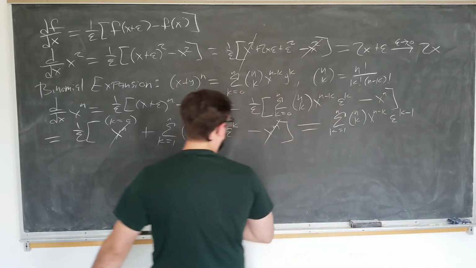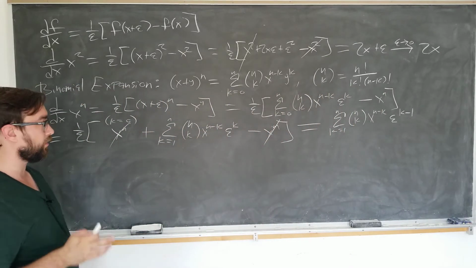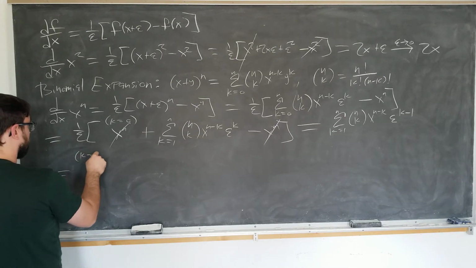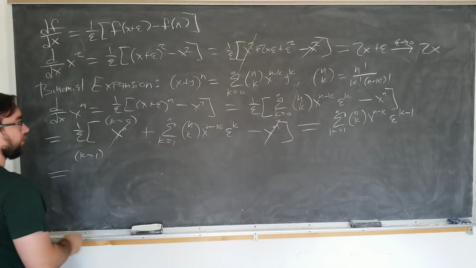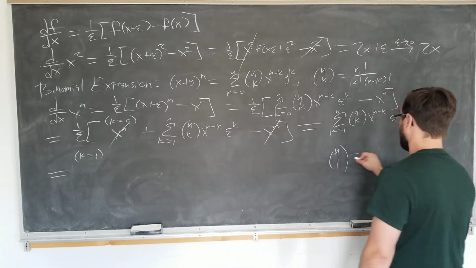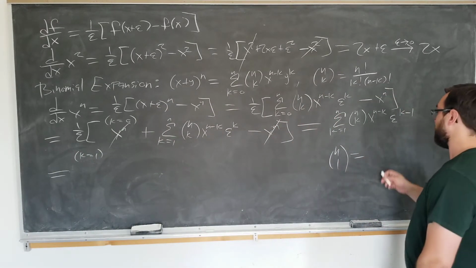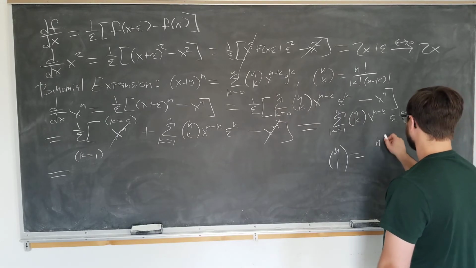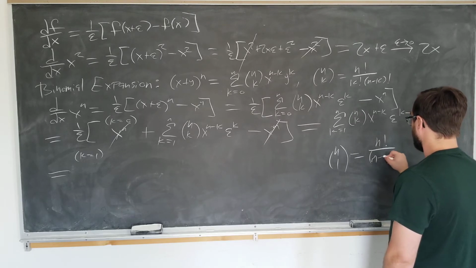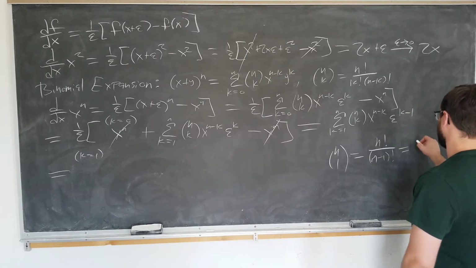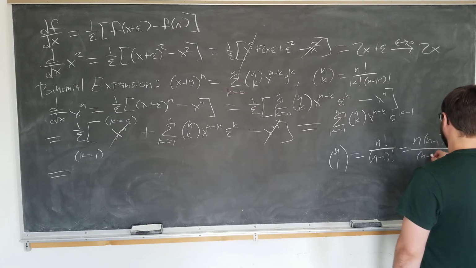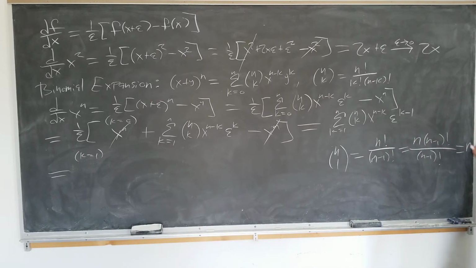Okay, fantastic. Now we're going to peel off the first term, the k equals 1 term. That just requires us to evaluate n choose 1. Okay, let's do better this time. n choose 1 is n factorial over 1 factorial, which is 1 again, over n minus 1 factorial, and n factorial over n minus 1 factorial is n.